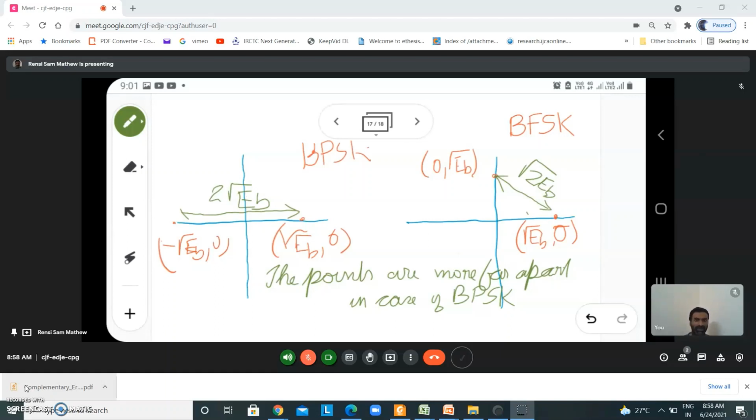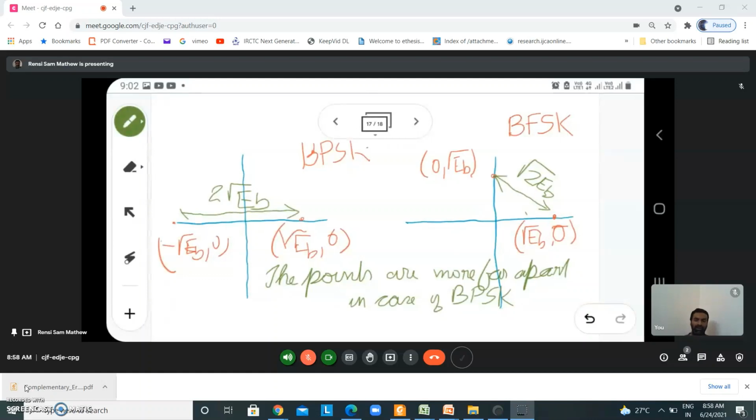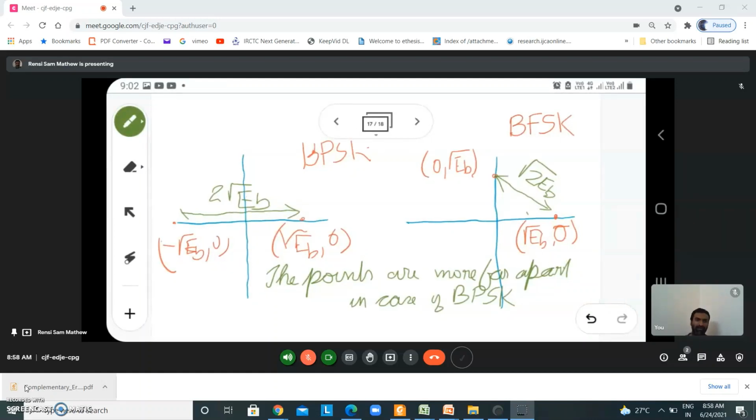Okay, if the point that is supposed to be lying in region Z2 lies in Z1, then we say there is an error. So the probability of error will be more in the case of BFSK than in the case of BPSK. The more the distance between them, the lesser the probability of error.